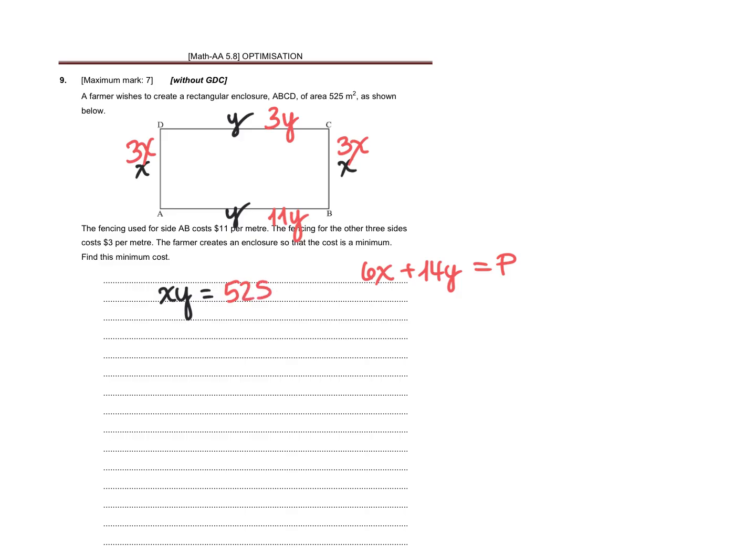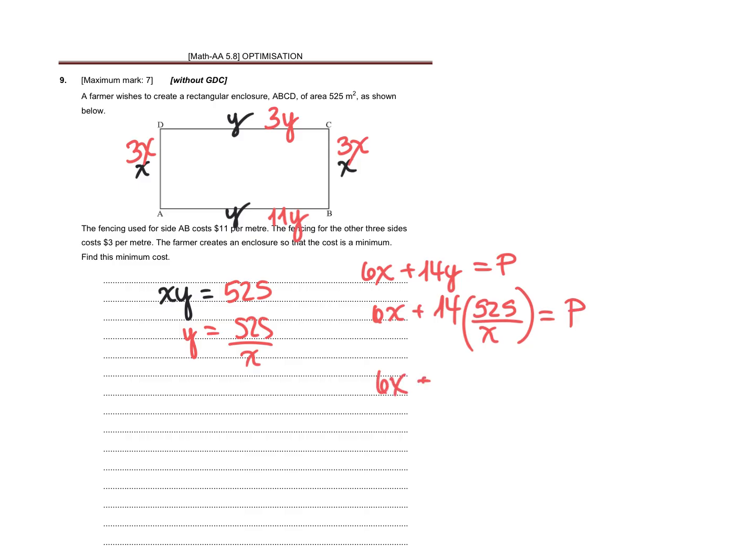Okay, so now if we do y is 525 over x, we will have 6x plus 14 times 525 over x equals p.